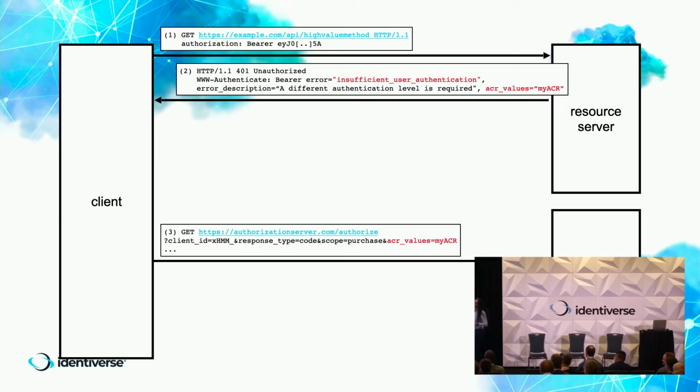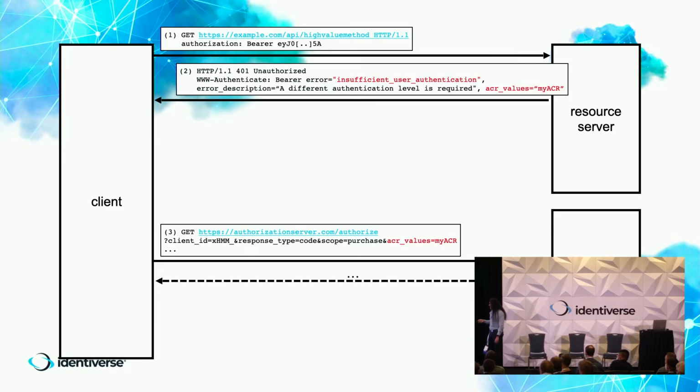And so what happens is that now the client is supposed to get those things and go back to the authorization server and ask for ACR. It's as simple as that. Just goes back to the authorization server, attaches the parameter, it's just right there. If I had also a max age, it would probably include the max age as well. And stuff happens.